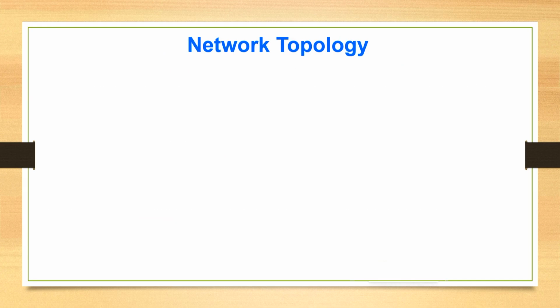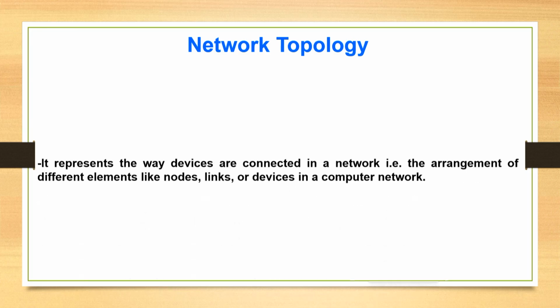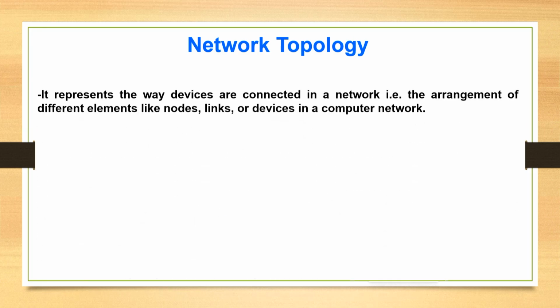Let us start with the network topology. So, what is the network topology? We have already studied in our previous lecture what the network devices are and what the different computer networks are. The next question is how these devices are connected with each other in a network.